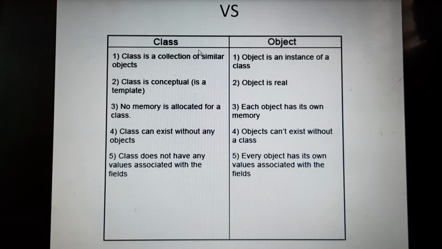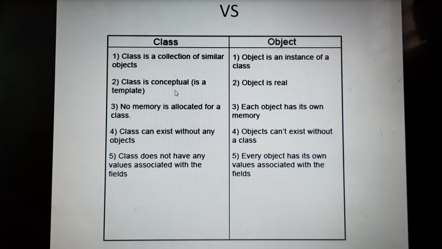We will try to differentiate between a class and an object. A class is a collection of similar objects, whereas an object is an instance of a class. A class is a conceptual template, blueprint or user defined data type.